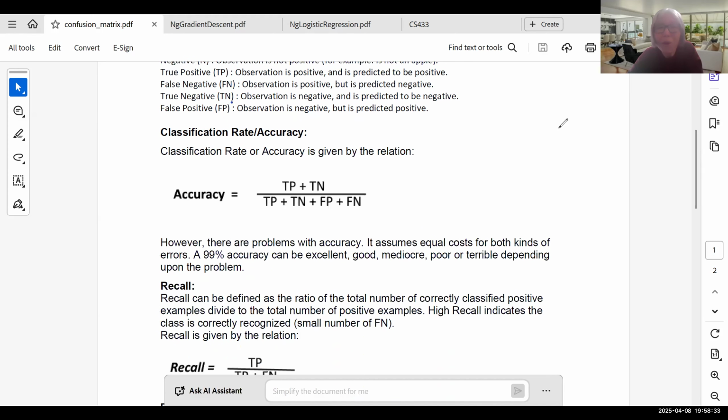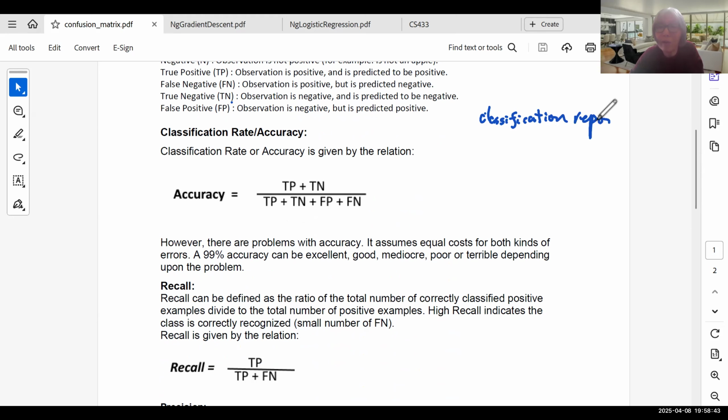And there are some other metrics, if you recall, in the classification report in scikit-learn. Accuracy we already know, that's the diagonal added together over the total. There are some other performance metrics like recall. What is recall? Recall only considers the true positive versus the true positive plus false negative.